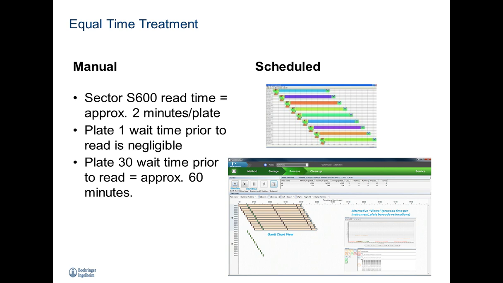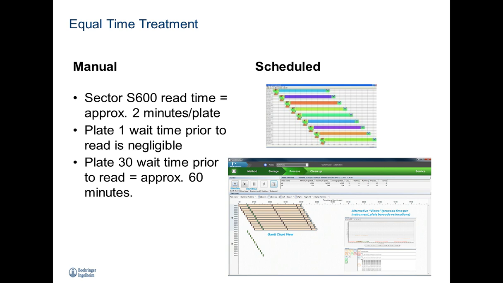So if I've applied read buffer to my plates, plate 1 goes right in, the wait time is negligible. Plate 30, at the end of that deck, has been waiting an additional 60 minutes. In the concept of a screening environment, those two plates are not directly comparable because one incubated for 1 hour, the other one incubated for 2.